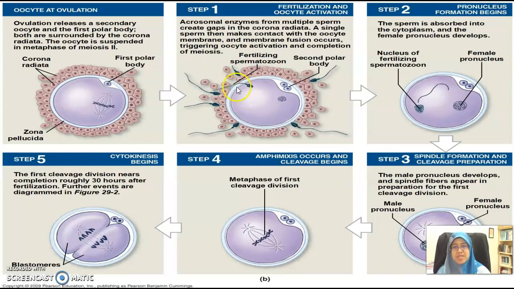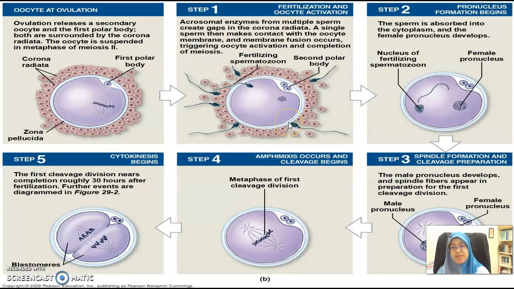What happens next is that the first sperm that touches the zona pellucida leads to a zona reaction. What is the zona reaction? It is a process whereby the rest of the zona pellucida becomes hardened.